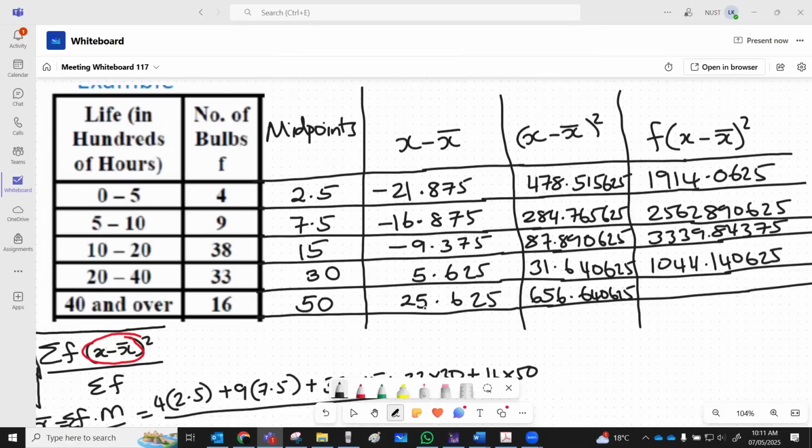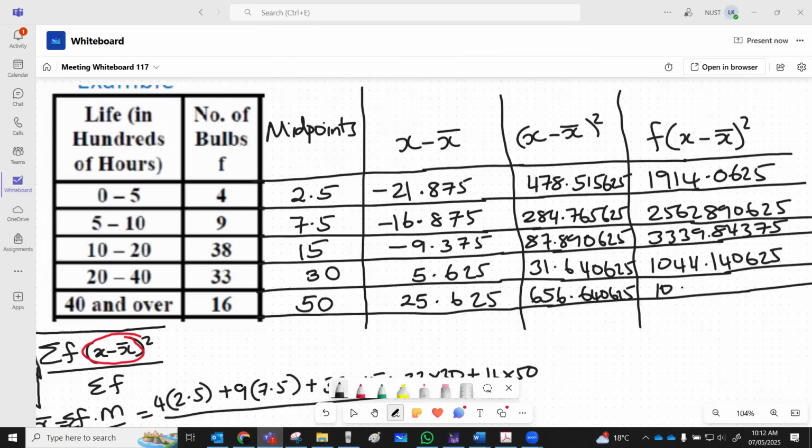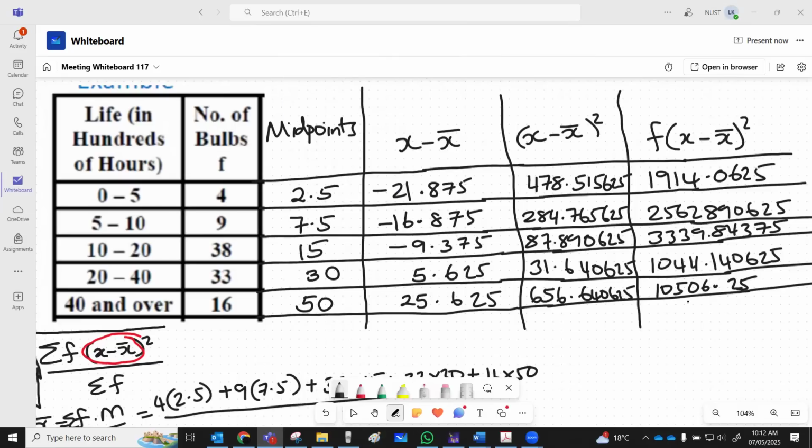Okay, and then the last one, I have 16 multiplied by 656.640625. This is 10,006.25. Okay, and then you can see now I just need to add everything together.